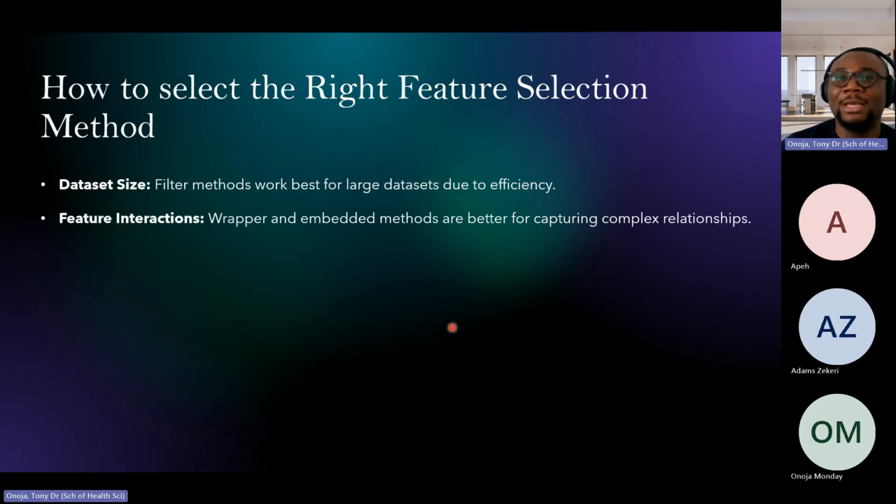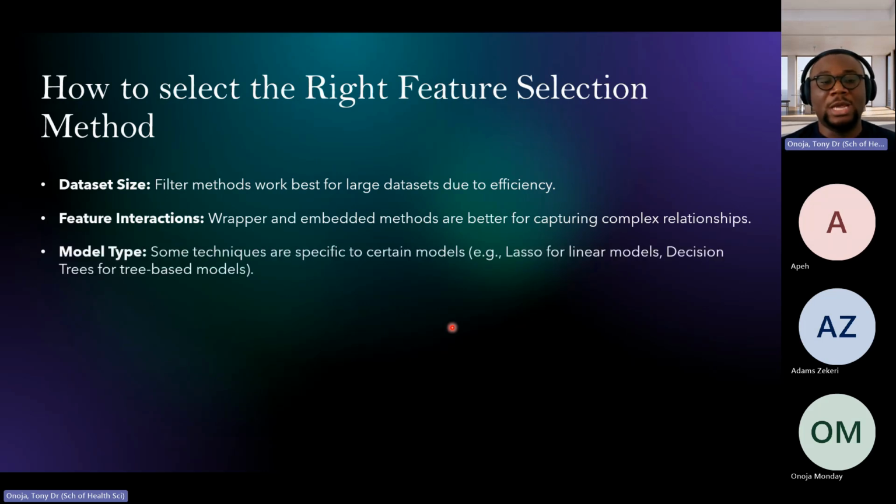Remember the filter methods are more like linear, because they just look at statistical relationships. So it wouldn't make sense if they have that assumption of independence, but the other methods could help you evaluate or capture the relationships existing in the data set. So feature interaction is also another thing that helps you know what sort of feature selection method you should use. Another thing is the model type.